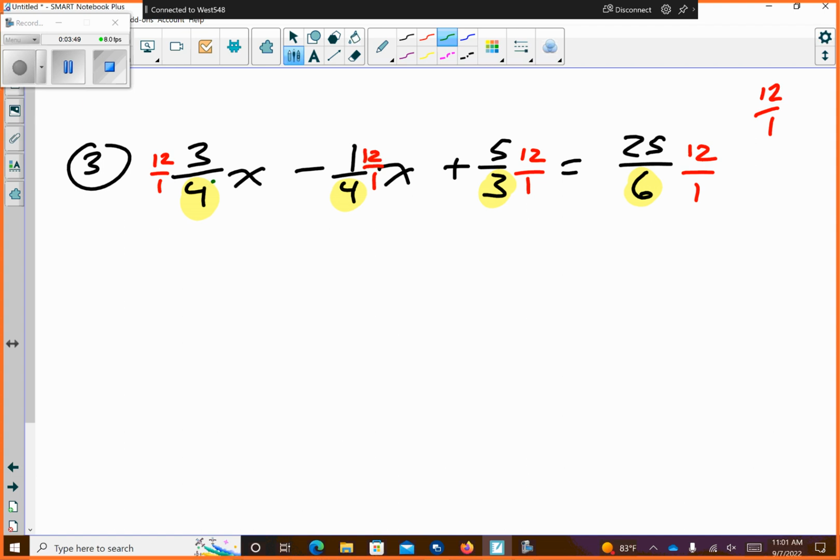So 4 goes into 12 how many times, my friends? 4 goes into 12 how many times? 3. So 3 times this 3 is going to give me 9, and so I get a 9x. That's the first part. Okay? So I'm going to have subtraction because there's a subtraction sign. 4, we said, already goes into 12 3 times. 3 times 1x is 3x, so we get minus 3x.